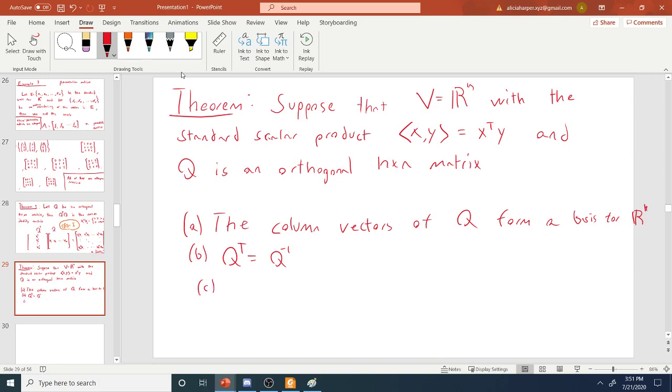The third property is that the inner product of x and y is in fact equal to the inner product of Qx and Qy. So this is a way of saying that if you have two vectors and you apply an orthogonal matrix to them each, it preserves their inner product, and consequently we have the final property, which is that orthogonal matrices, when they're applied to vectors, preserve length.